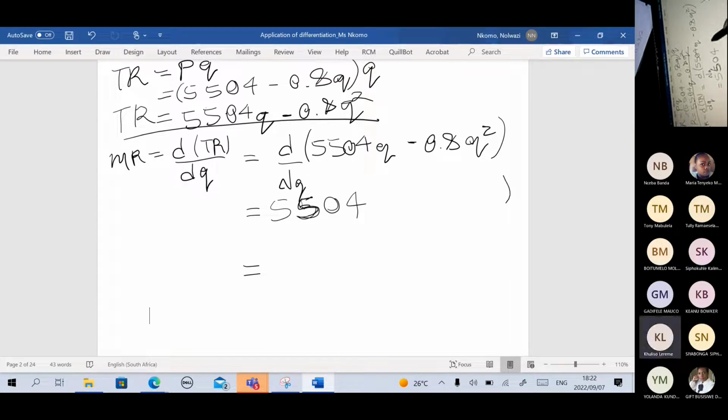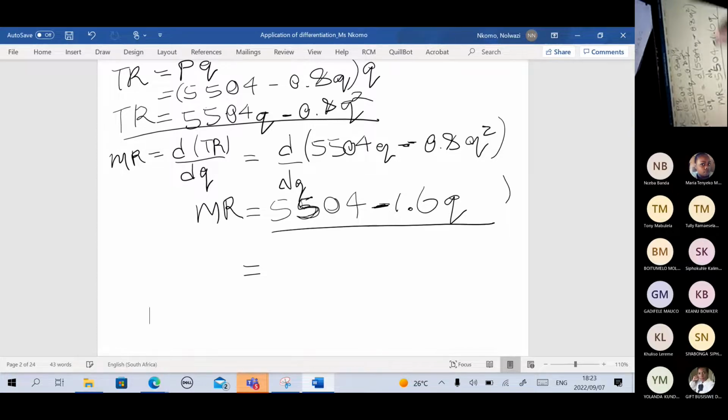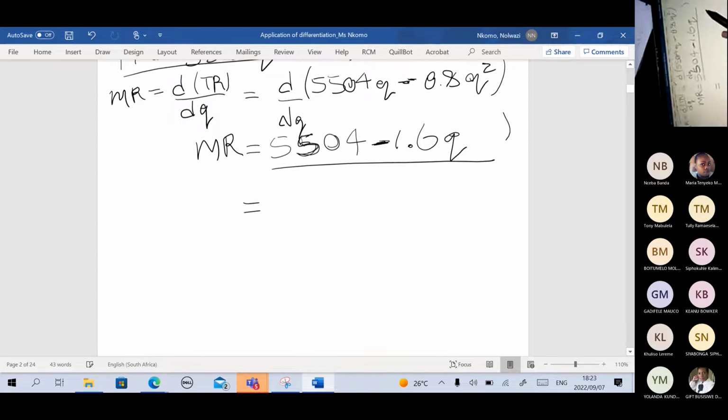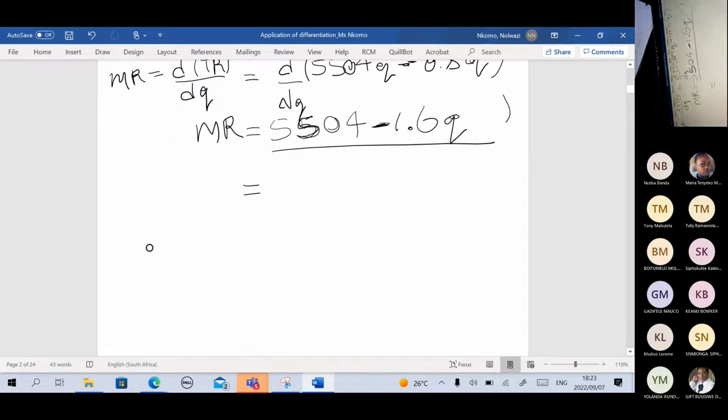I think it should be 1.6Q. Don't forget this minus. Sorry, the minus, yes. Minus 1.6Q.